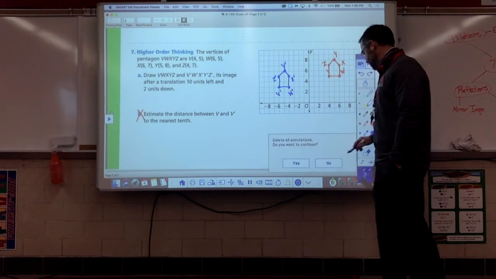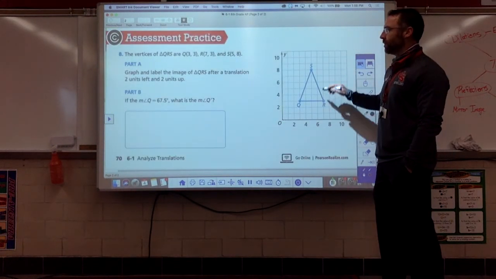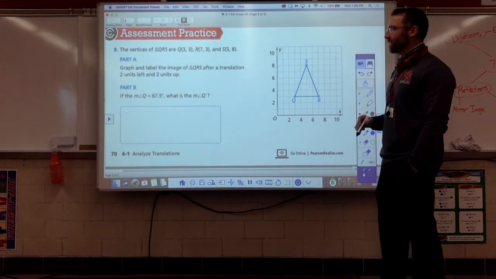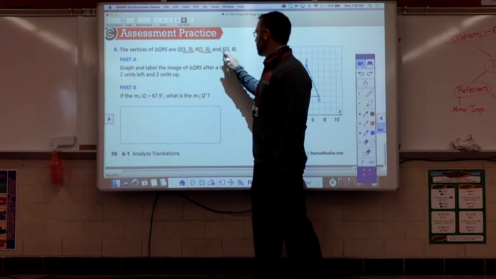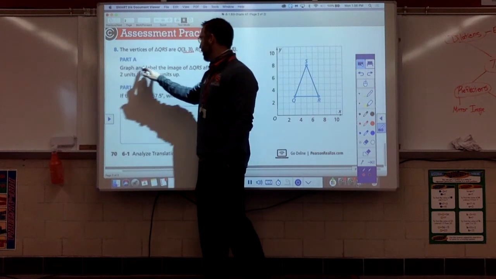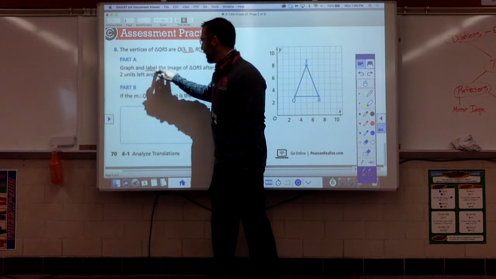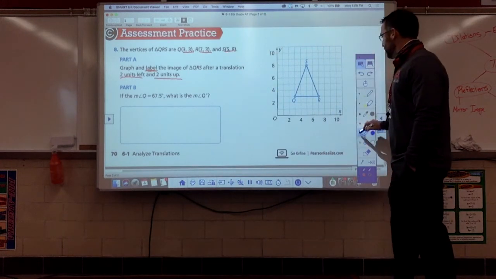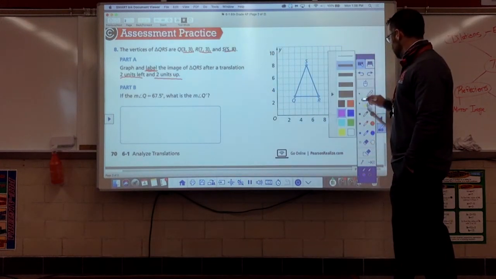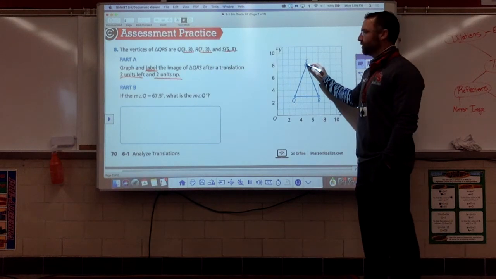Good. Let's move on. We get to do it again. Hey, they give us these points. It's already plotted for us. We need to graph and label the image. 2 units left, 2 units up. Well, let's go with purple. 2 units left, 2 units up.